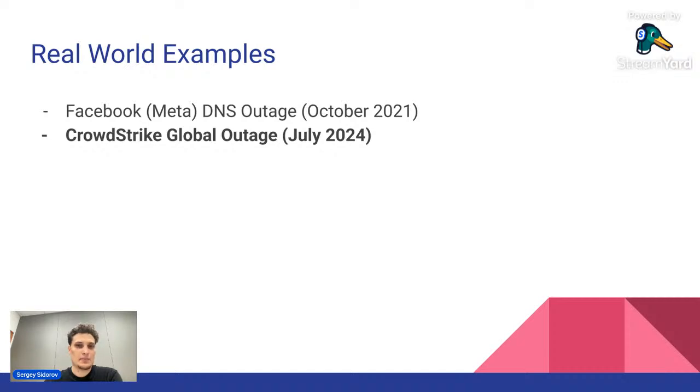Another example that might be quite recent is the CrowdStrike global outage. CrowdStrike is one of the cybersecurity companies that provide security services for other companies, and apparently they partner with Microsoft to provide services for them. A faulty CrowdStrike update to Windows systems, where a single config caused millions of Windows machines globally to go down.